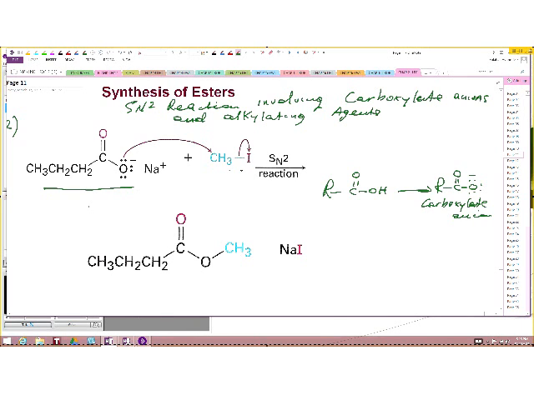You cannot use a tertiary carbon for an SN2 reaction, so keep that in mind. So anyway, here we have an SN2 reaction. The anion acting as a nucleophile, displacing the iodine, and then we have the product here, which is methyl butanoate.